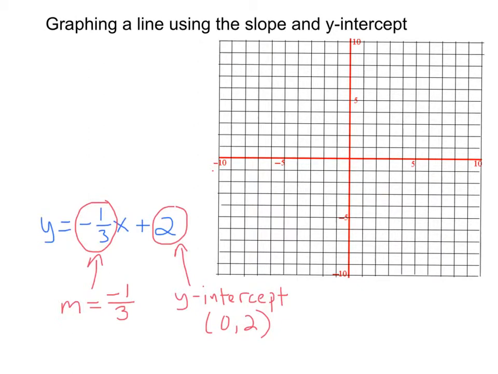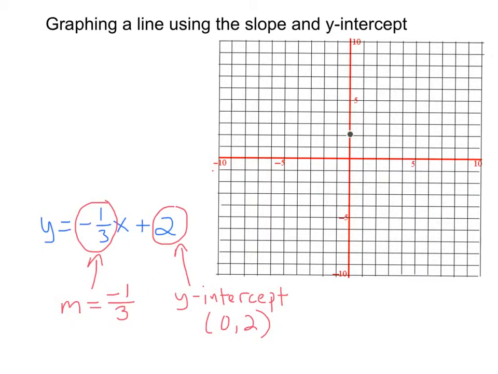Okay, now let's see how we can use this information to graph the line. We'll start with the y-intercept, 0, comma 2, and we'll plot that point on the graph. Notice that this point is right here on the y-axis. Now we'll interpret the slope as a rise over a run.